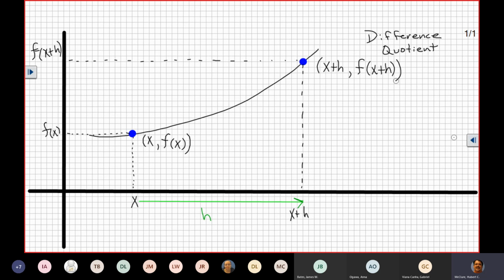So we're in academia now, and we got to hold our pinky up. We're not calling it x sub 1, y sub 1, x sub 2, y sub 2 anymore. We got to be sophisticated, and we got to call the first one x, f of x, and then x plus h, f of x plus h. Everybody with me?